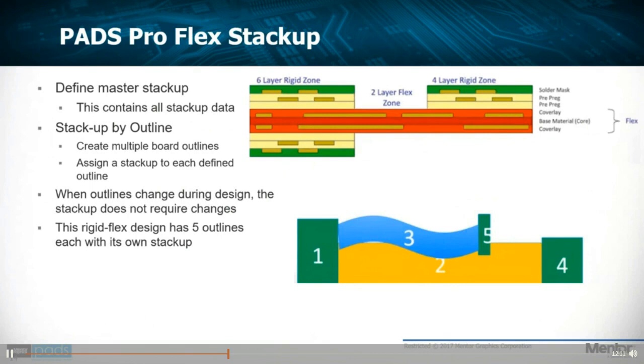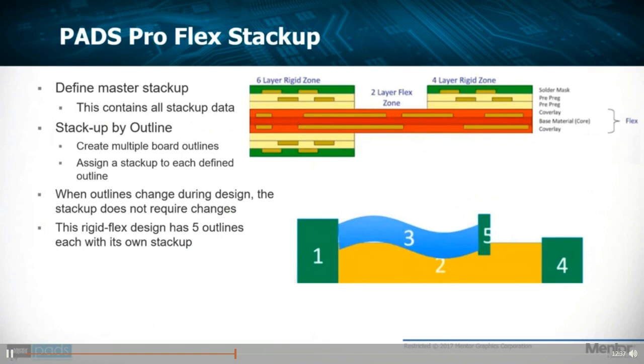Then shown down in the bottom right in that little graphic, it shows that we have a rigid flex design, and how this is accomplished is we have 4 or 5 board outlines. We can take that master Stackup that we defined in that first step, and on a board outline by board outline basis, we're able to assign which layers from the master Stackup we want on those particular board outlines.